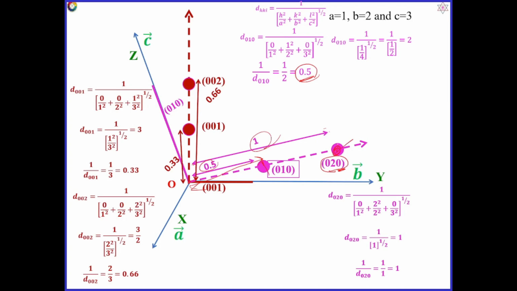So this point represents the set of planes 0 2 0. So here, with the help of this example, we located 001, 002.